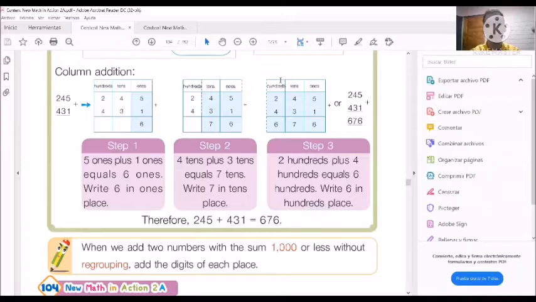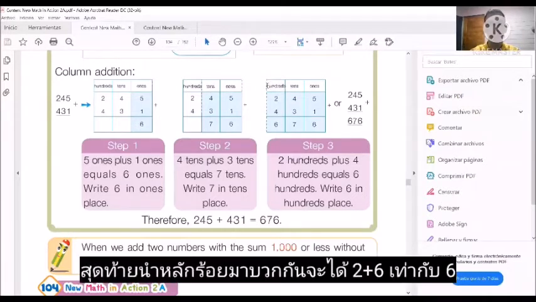Now we go to hundreds place. In hundreds place we have 2 and 4. So read with me, please. 2 hundreds plus 4 hundreds equals 6 hundreds.